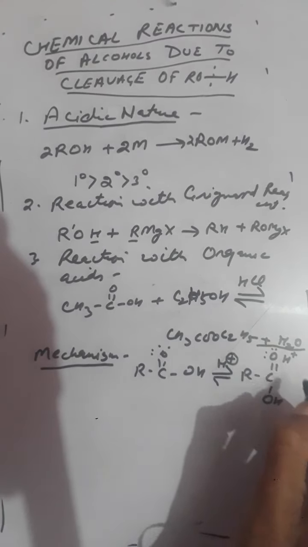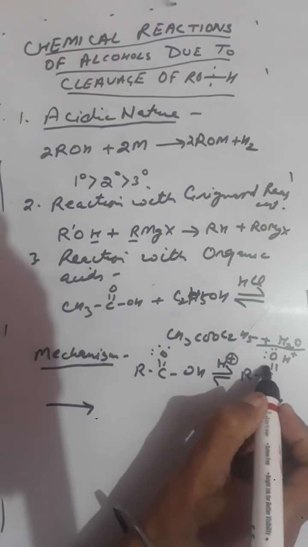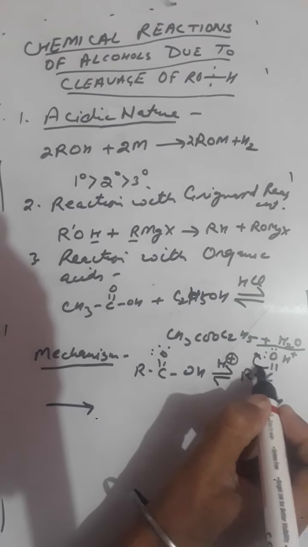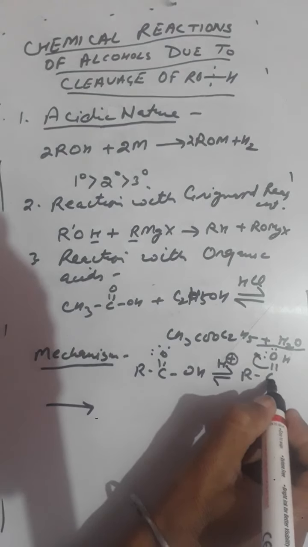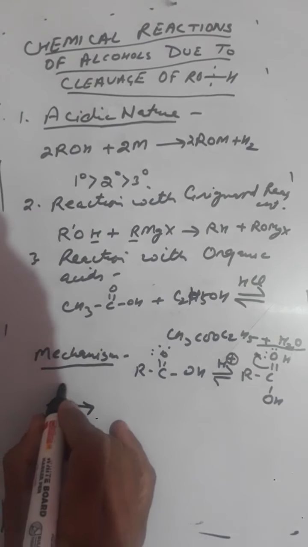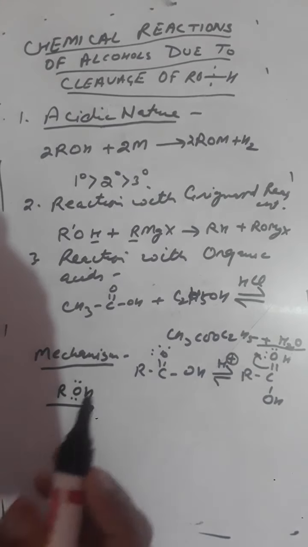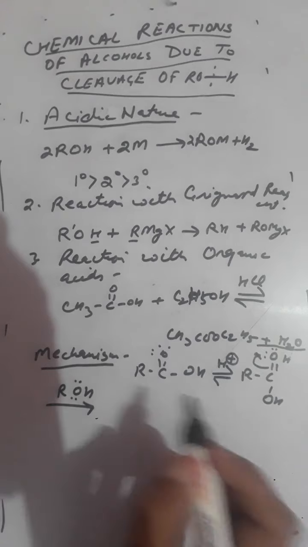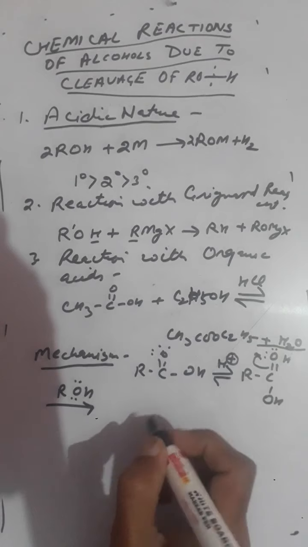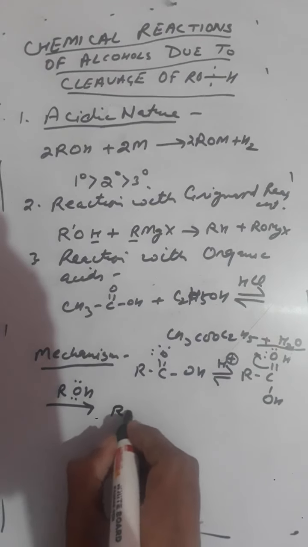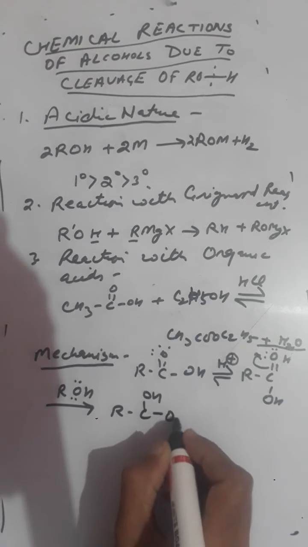Then the C=O bond will be attracted towards oxygen, and this carbon becomes positive. The ROH, that is the molecule of alcohol, will be attracted towards this, and we get RC(OH) and OR'H.